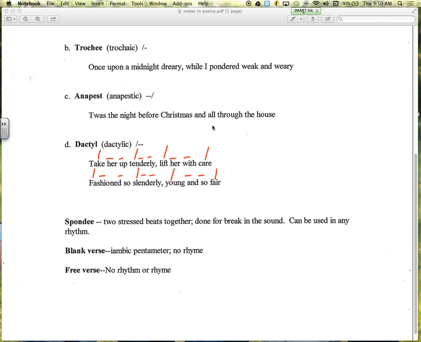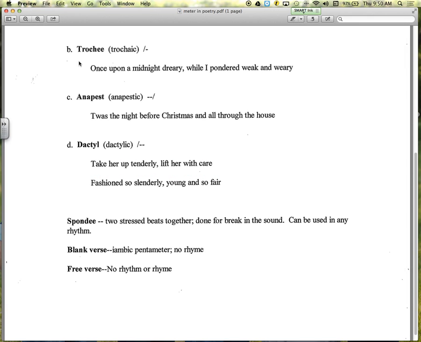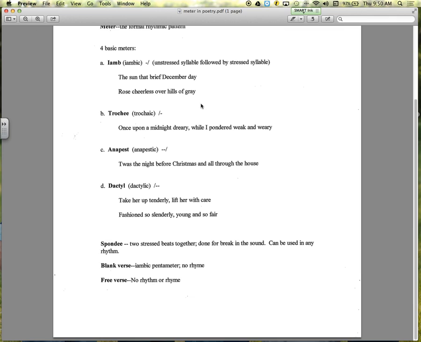Okay, I've got this where I have the whole thing on here so we can do this together. You need to go back to the front, and I'm going to show you how this works. So our first meter we said was iambic. I'm going to remark this here. The sun that breathed December day rose cheerless over hills of gray.